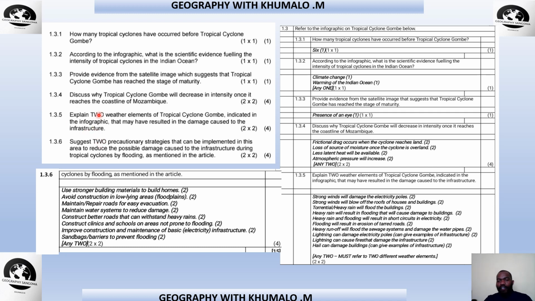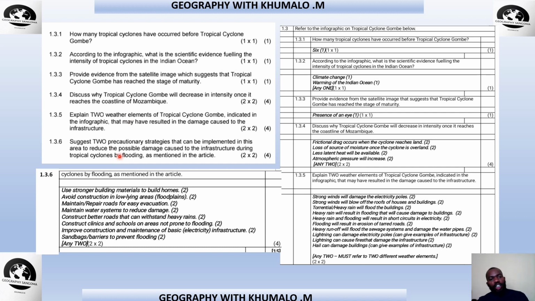Some of you wrote other answers such as that animals will die. No, grade 12. This question wanted infrastructure. You are supposed to focus only on infrastructure, not the environment and not socially. It has to do with roads, transport, and communication networks.